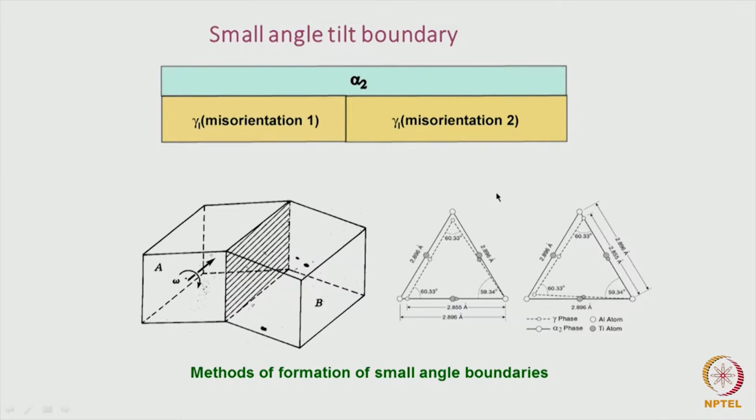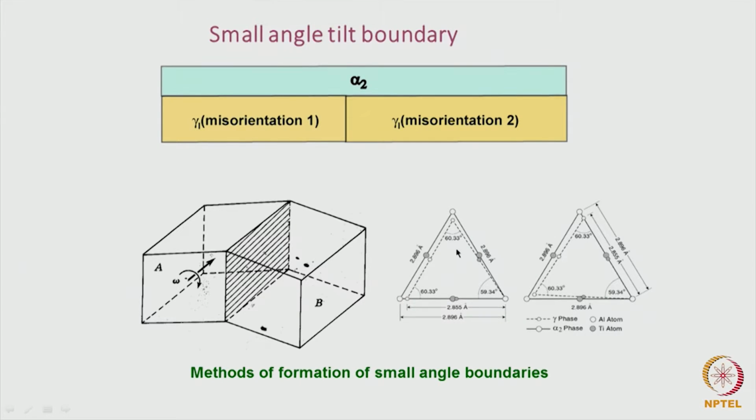The structure of the tilt boundary we have looked at, because they are essentially made up of dislocations arranged one on top of the other. I am taking a very specific case of a transformation which is taking place in a material, where it goes from hexagonal to a tetragonal system.